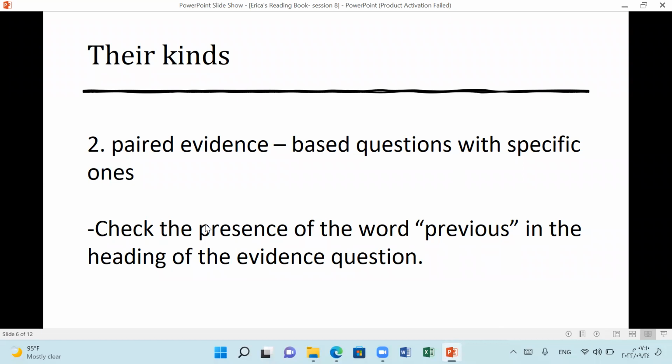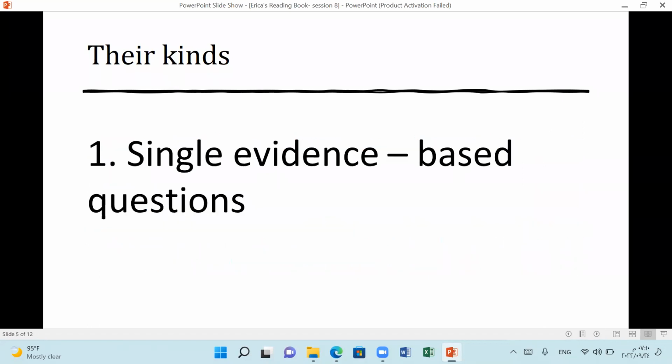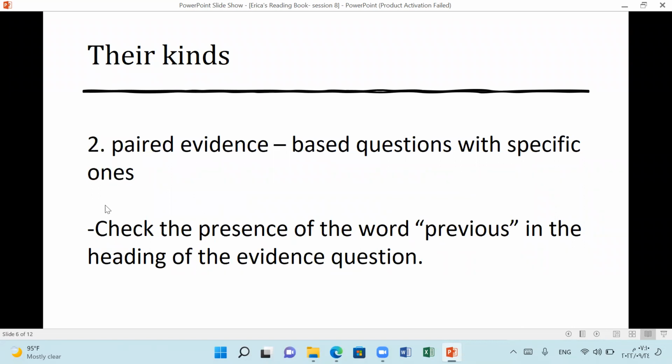Okay, so how can I know it's a paired evidence question or only a single evidence-based question? You need to check for the word previous. If you find the word previous in the heading of the evidence question, this means that this evidence-based question is paired up with the previous specific one. Let's have a look.